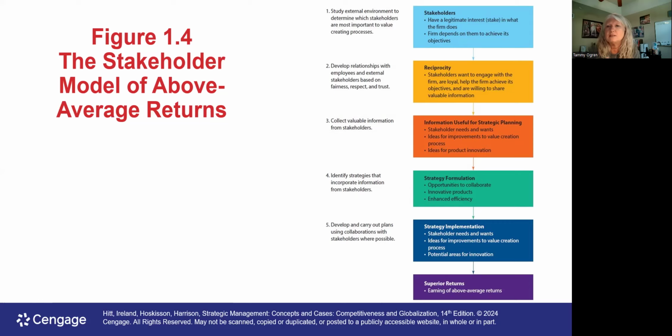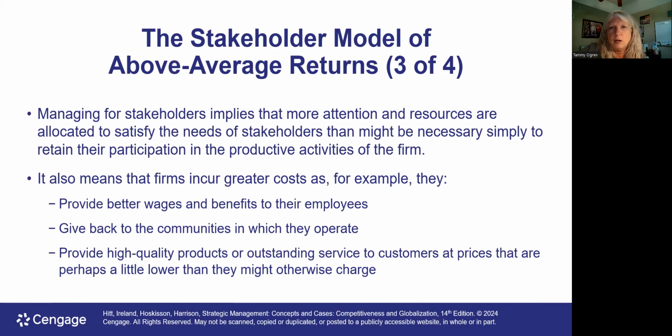And as they create that value, then we have a stronger foothold in the industry, for example. So we create a strategy based on that model, and then we implement it and look for returns in that way. So managing those stakeholders can be really economically feasible because it leads to behaviors that connect what we need and what they need, and providing value to each other.